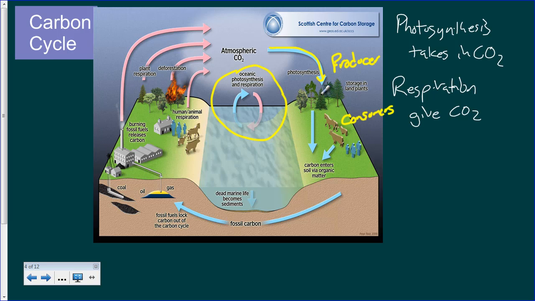Okay, and of course, as the consumers consume the producers, and then their cells are undergoing cellular respiration, they're breathing out CO2 back into the atmosphere. Okay, and so that's this part over here. Humans and animals are respiring, we're putting stuff back in. So some of the carbon, of course, as we're buried, or as our waste products go out, that gets down into the soil, that becomes organic matter.